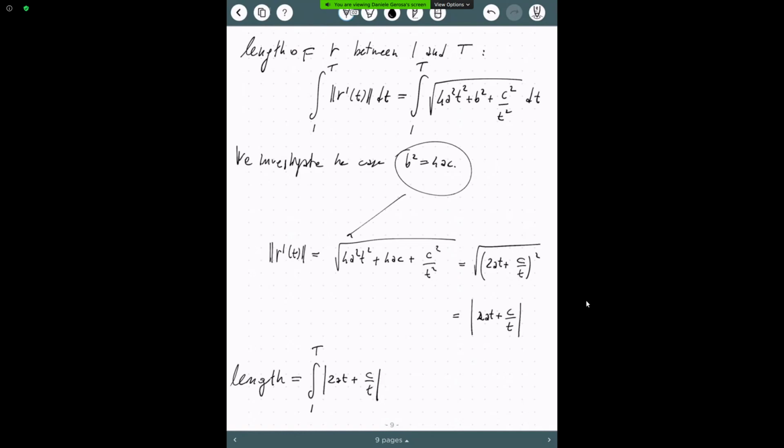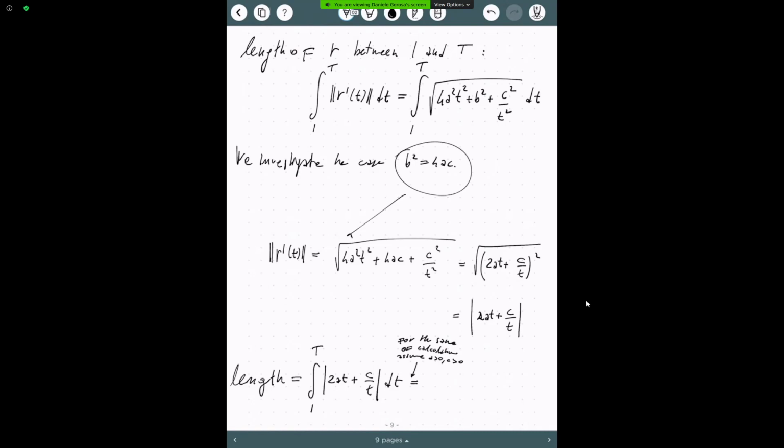And now, just for the sake of the calculations, I want to assume that a is positive and c is positive, otherwise you have to distinguish all the cases, and it's just more boring, so we don't want to do that now.